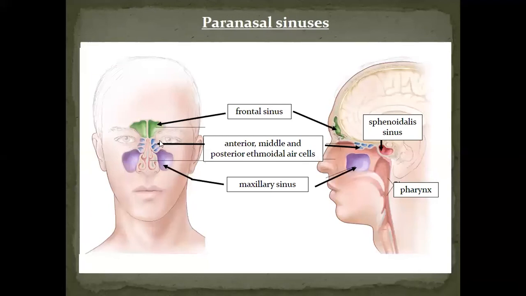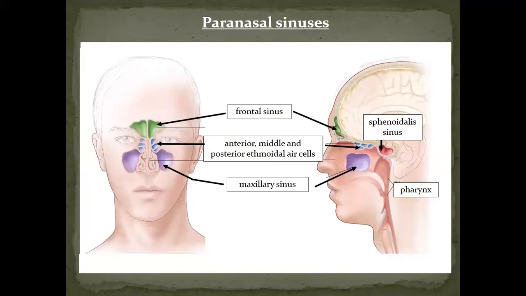These function as sinuses as well. And the last one is found in the sphenoidal bone, called the sphenoidal sinus. All of these sinuses, as mentioned, are air-filled spaces inside these bones.